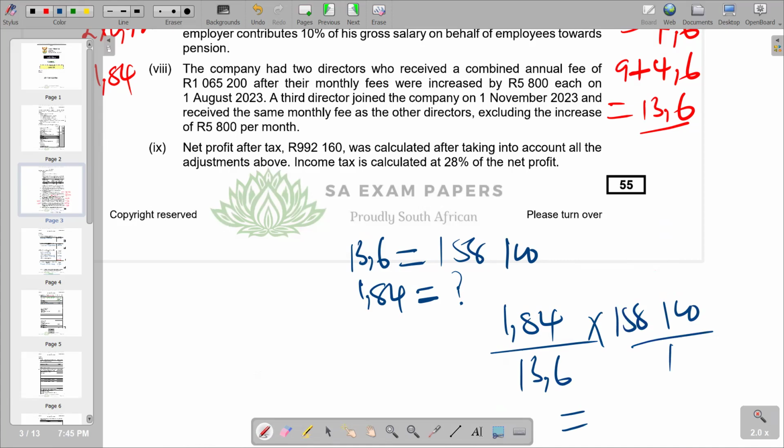So 1.84, we divide by 13.6, we multiply by 158,100. We are going to get your rent as 21,390. So this 21,390 is the one that we need to subtract from 158,100 to get the net rent figure.